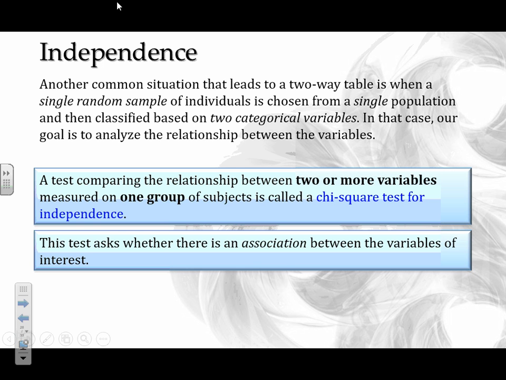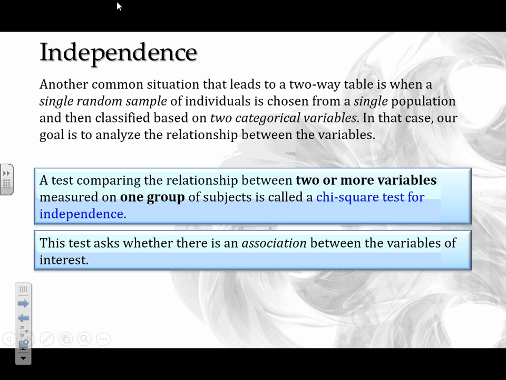In essence, this is somewhat like when we were back in first semester and we talked about scatter plots. Scatter plots were a way for us to graph two quantitative variables and determine if there was some sort of relationship, correct? So if they had a linear relationship, whether it was positive or negative, we could say that there is an association between the variables.